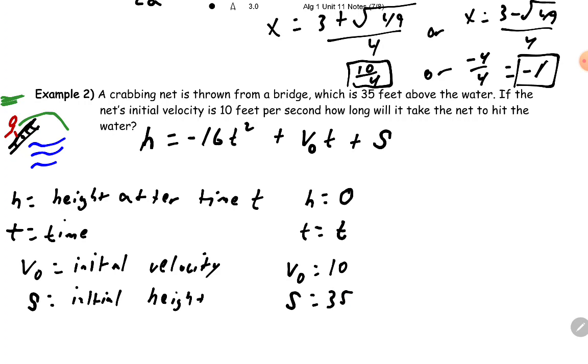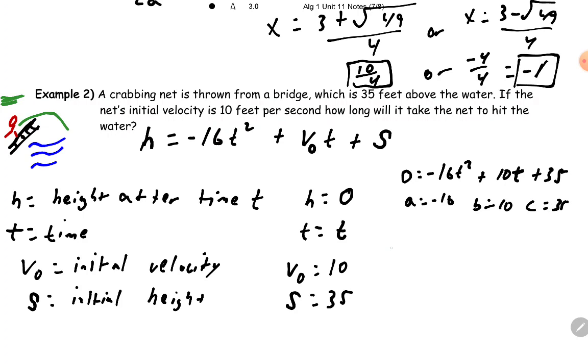So now we're going to plug this into our equation here. 0 equals negative 16t squared plus v naught, which is 10, times t, plus our initial height, 35. Guess what? Quadratic equation. And it doesn't look like we can factor it easily. We could graph it, but we're going to use the quadratic formula.